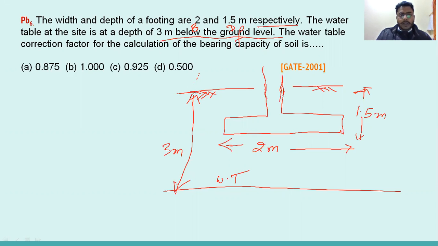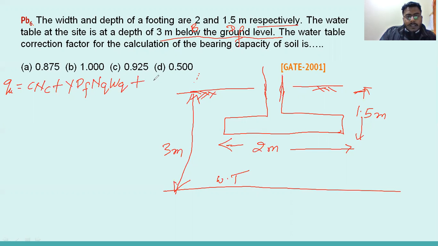Okay, so the water table correction factor for the calculation of bearing capacity of soil, right? Let me write the formula with the correction factor. The ultimate bearing capacity: q_u = cNc + gamma Df Nq Wq + half B gamma N gamma W gamma.